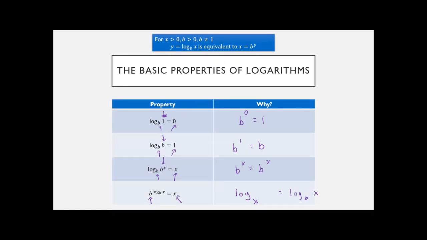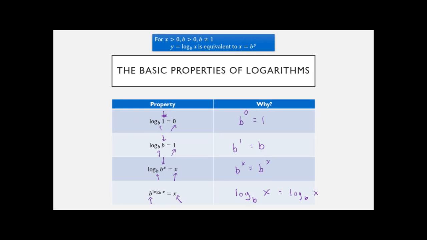And then whatever this thing is equal to, that is, oops, I didn't write the right base. I wrote x. That was supposed to be b. But then the x on the outside, what it's equal to, that is just what goes inside the log. So again, we get this equation, log base b of x equals log base b of x, which doesn't really mean anything. But when it's in the form on the left, that's actually a very useful rule.